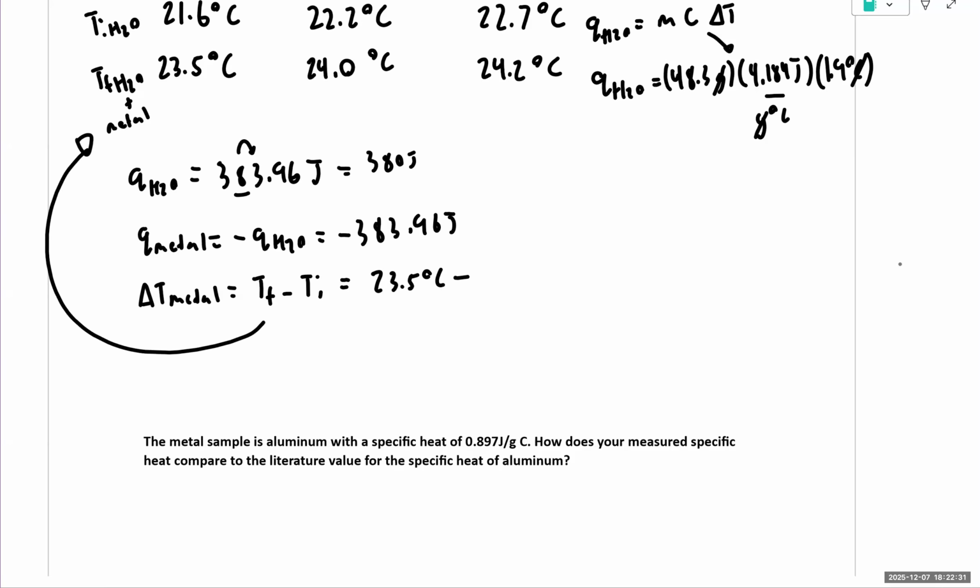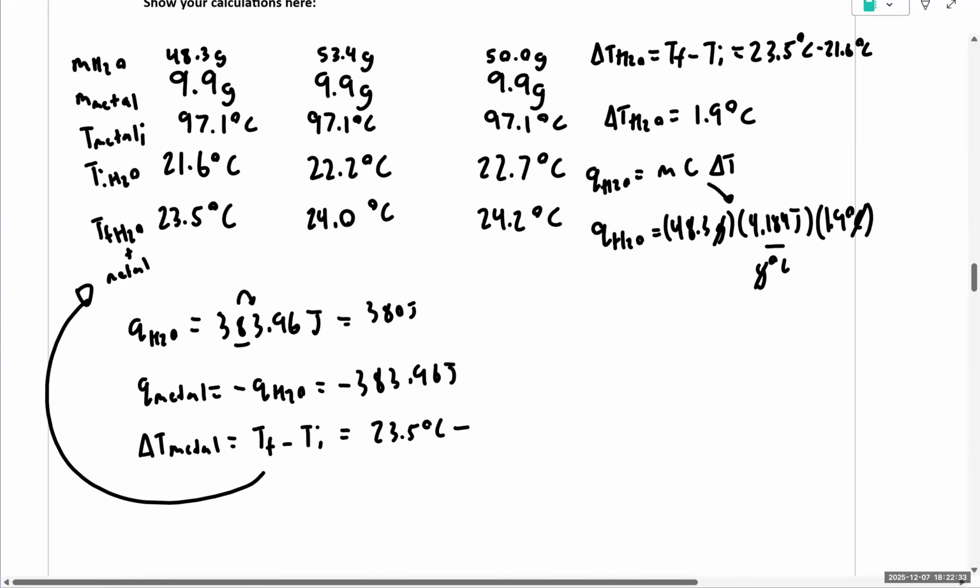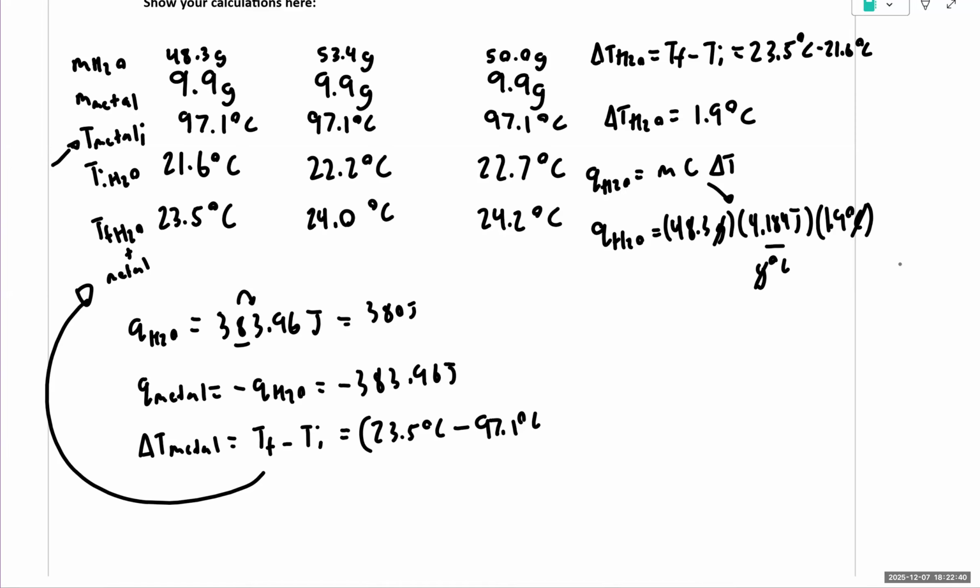The initial temperature of the metal is right here. It's 97.1 degrees Celsius. This is going to be a negative number, and that's normal. This is telling us that the metal has decreased in temperature compared to when it started, which makes sense. We took metal that was sitting in boiling water and transferred it to water at room temperature. The metal has cooled down as it transferred heat to the water.